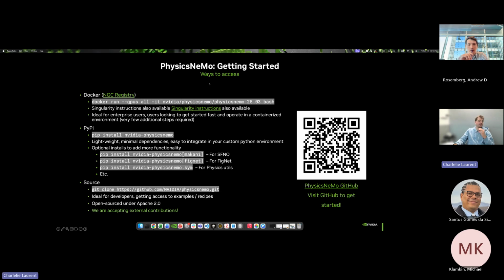Actually, I know I mentioned the container a lot. A container is good if you just want to deploy an application, usually. If you want to do development, a container is not the best environment. In that case, you can just use pip. You can just pip install PhysicsNeMo.